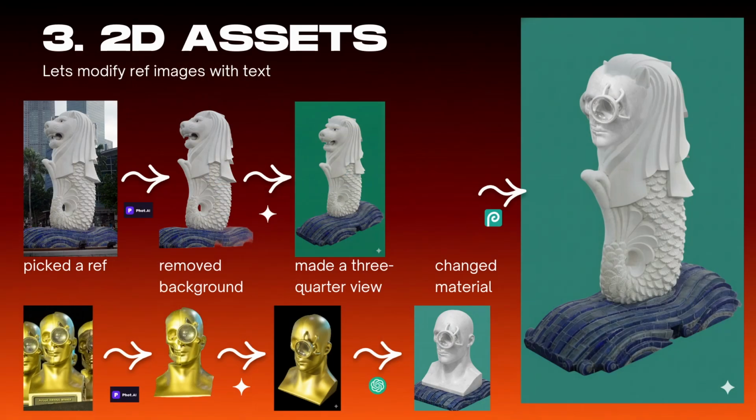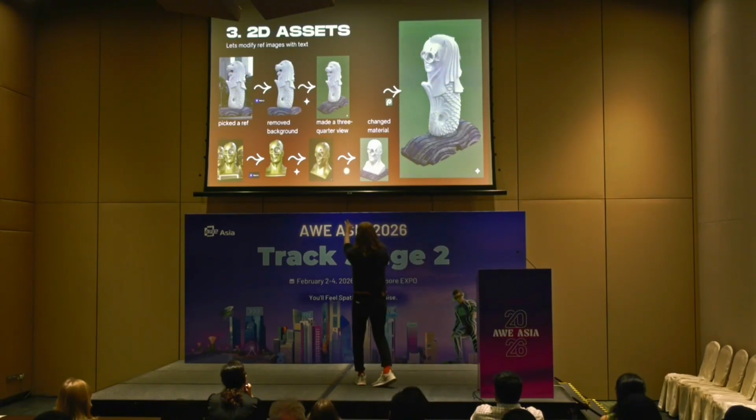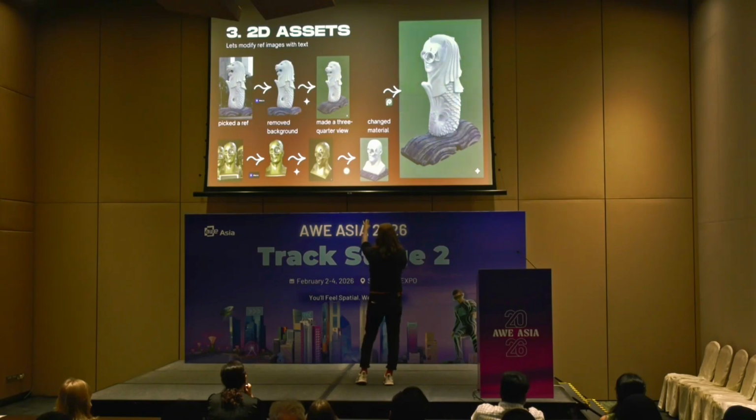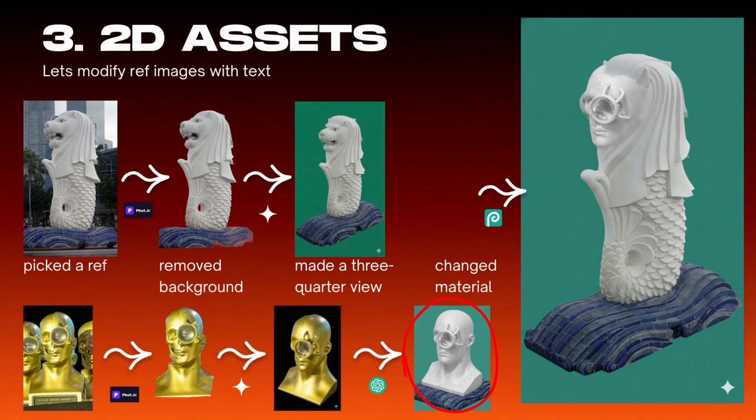Then I went with the second reference and did exactly the same. I removed the background and turned it a little bit into the same camera view. Since they had a different type of material, I wanted to make the same material so it would be easier to combine them. So I said, okay, ChatGPT, can we restyle this image of this guy into more like maybe clay, or similar to what I have?